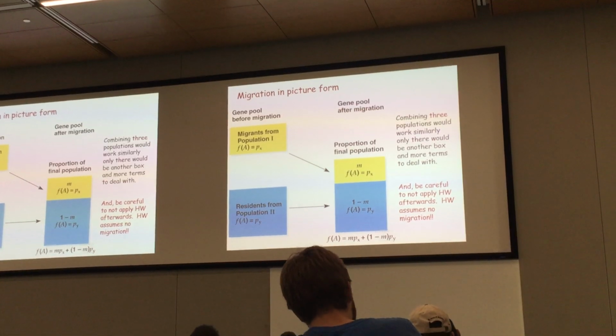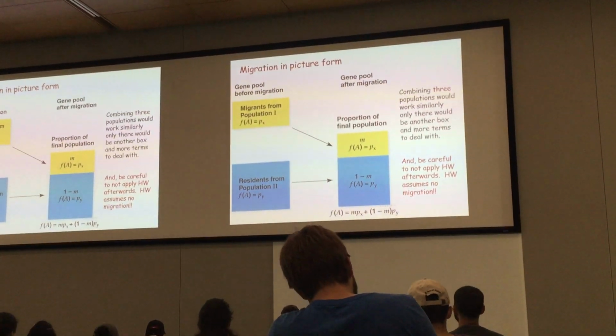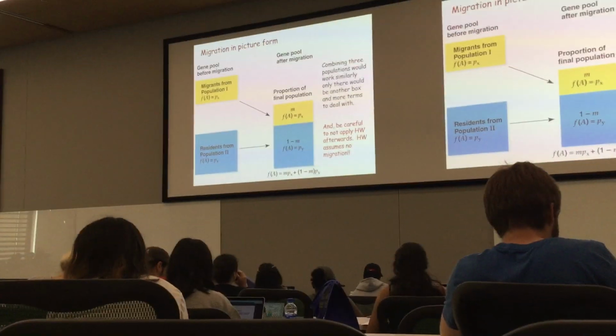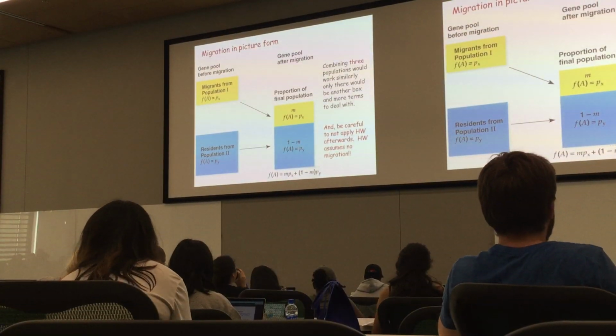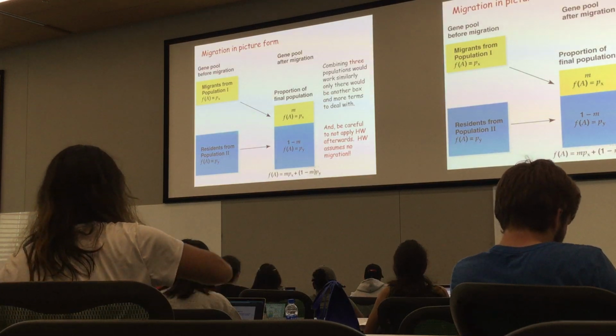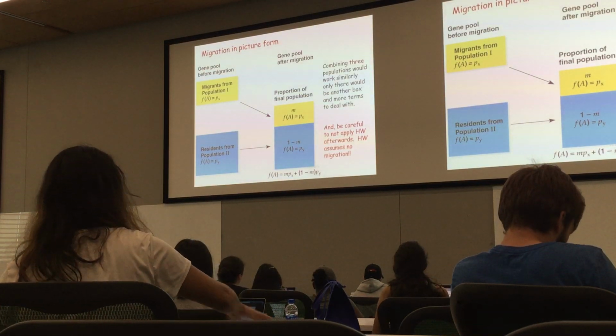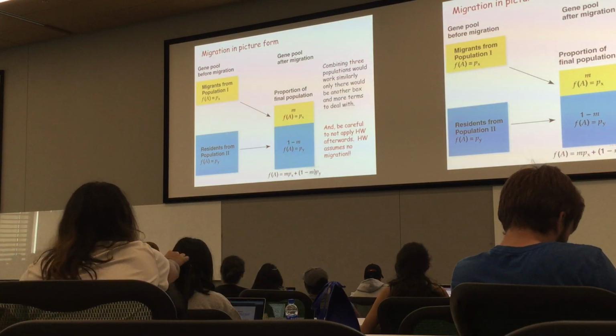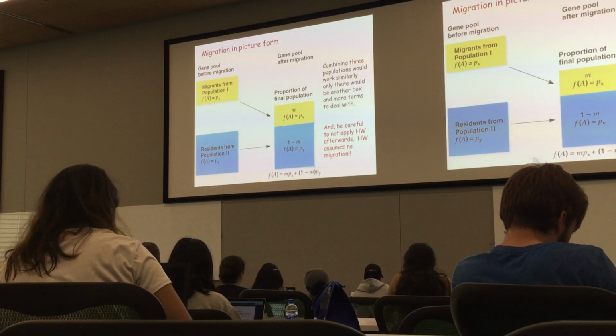But all those things really don't change the basic concept, which is to add things together based on the proportion with which they contribute to the new population. Okay? And then the other key thing is just to be careful when you do and when you don't apply Hardy-Weinberg to these types of problems.